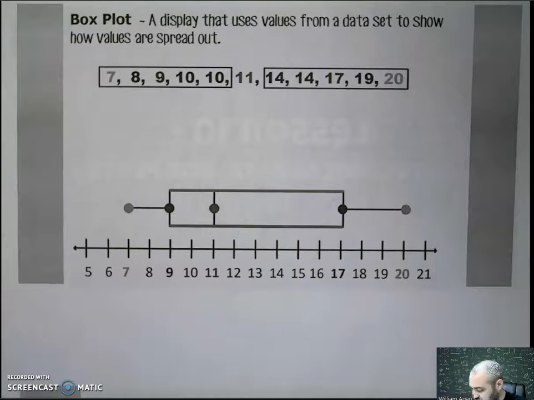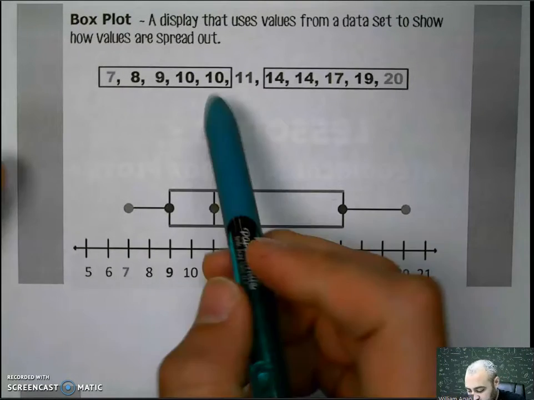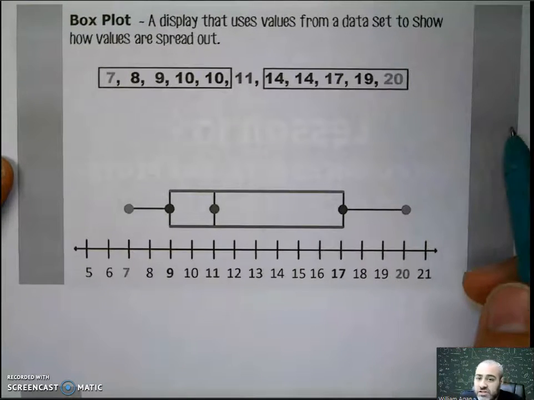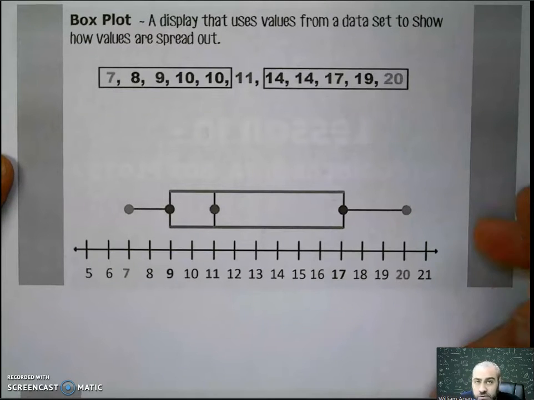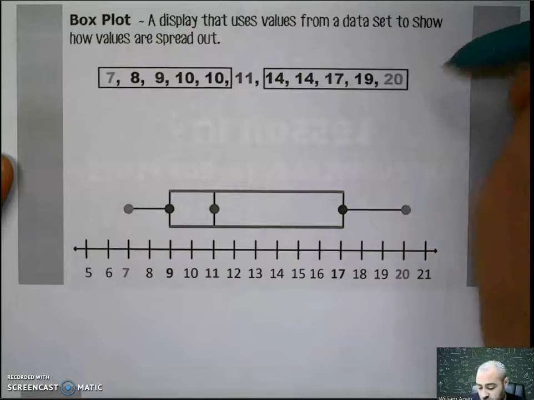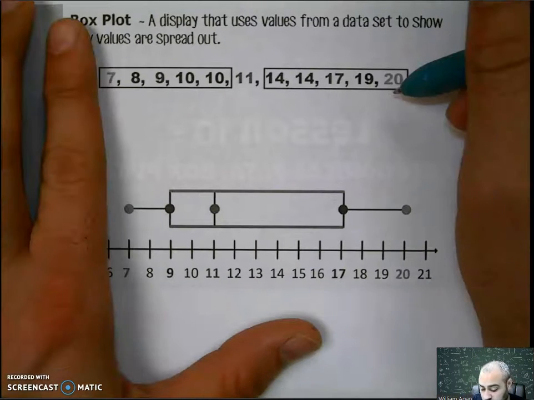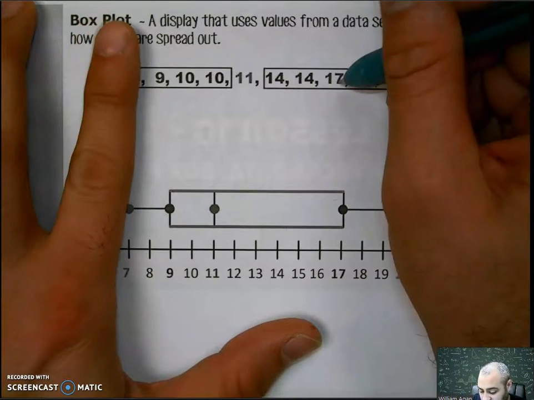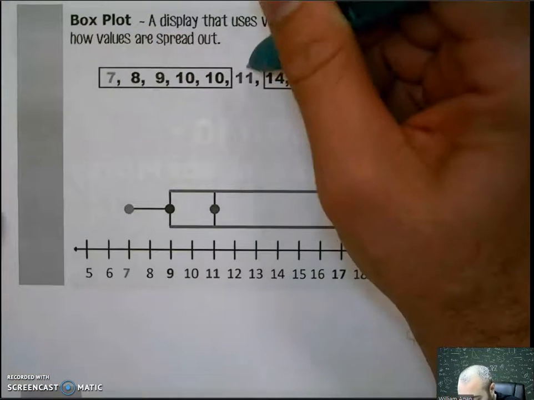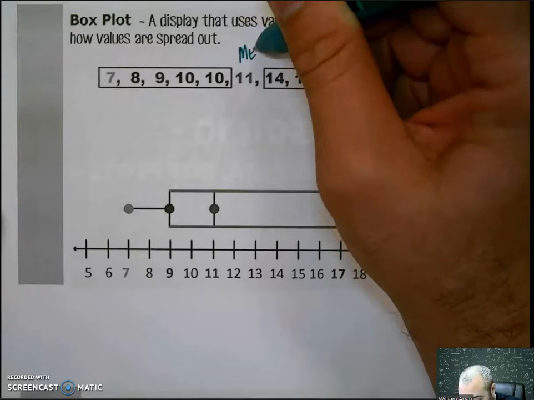So, first thing, this example has a bunch of numbers. This is your data, and it's already been put in order. You have to put it in order from least to greatest. Once you do that, you would find the median. You would mark out each one on each side all the way until you get to the one in the middle. Okay, this is your median.